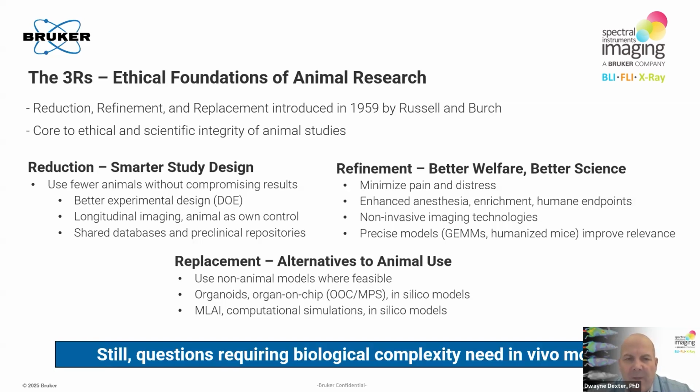And then also developing databases and repositories, which as we develop genomics data, other omics data, et cetera, these databases can be built and used to explore different types of phenotypes and genotypes, potentially limiting the number of animals or limiting the unintended use of a model that doesn't fit the appropriate disease.